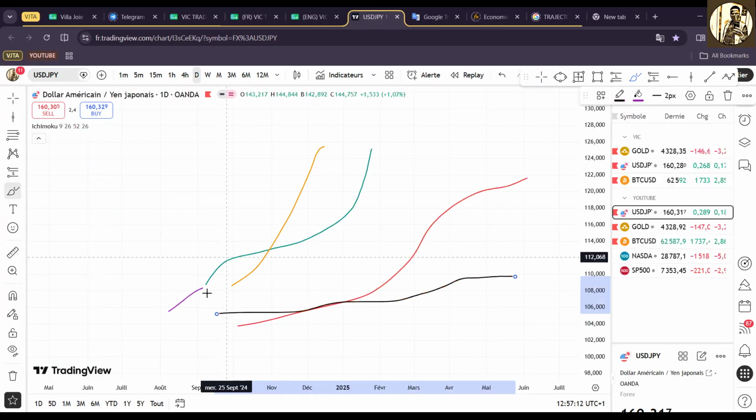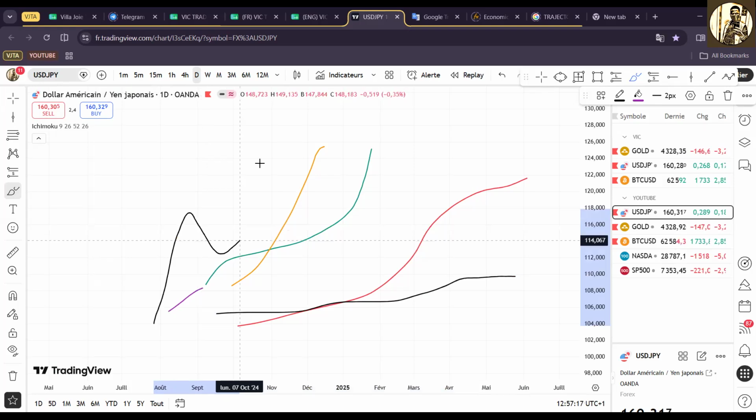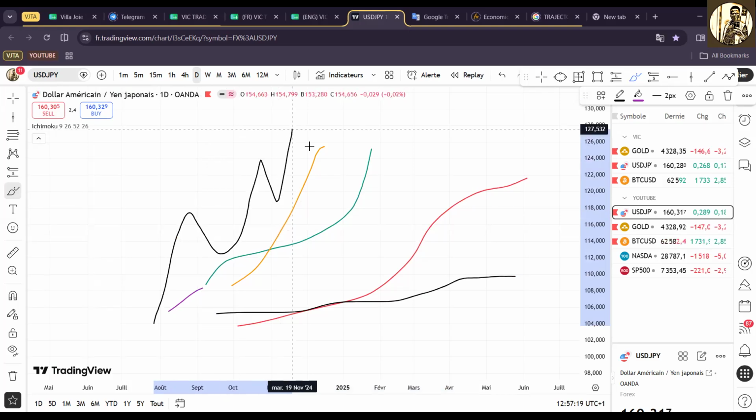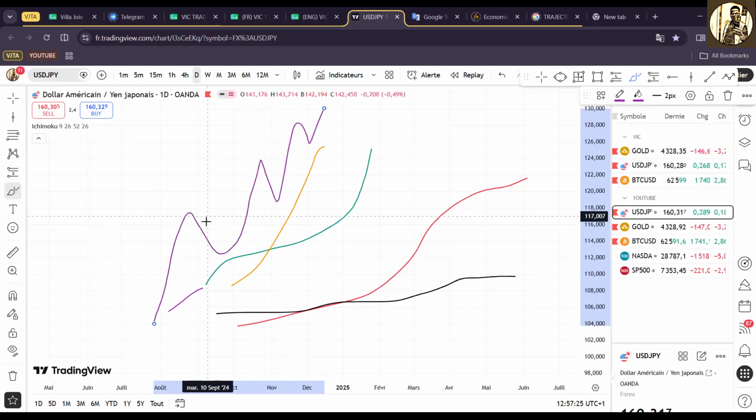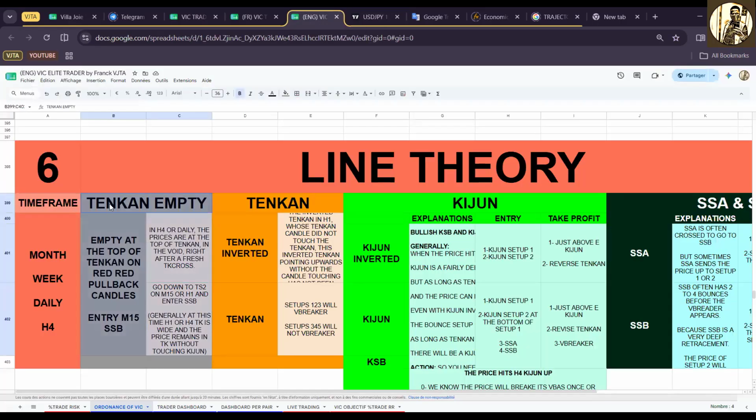But the thing is that sometimes the candle doesn't even touch any of those lines and keeps moving to the upside. So there is something that makes the price keep moving to the upside, and it is the red pullback. So that red pullback is also for me inside the line theory, even if it's not a line, and you can make a judgment out of that. So that's all I wanted to say.